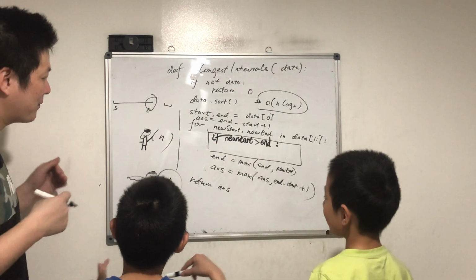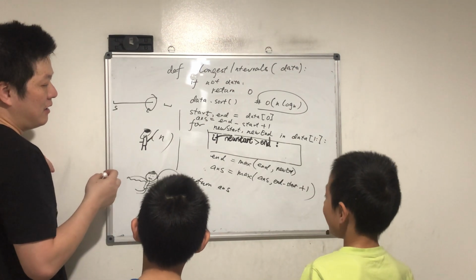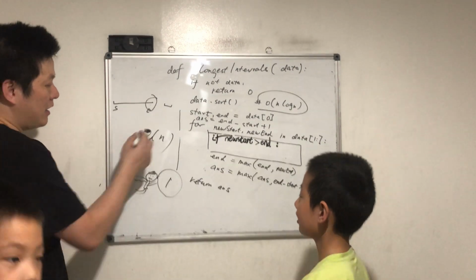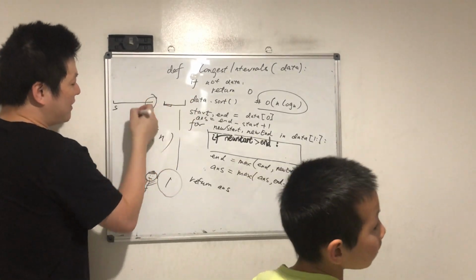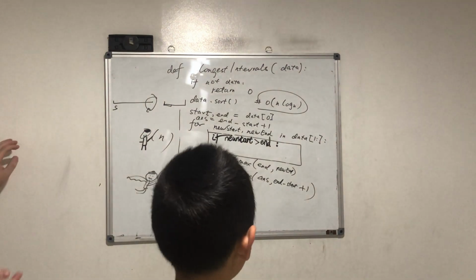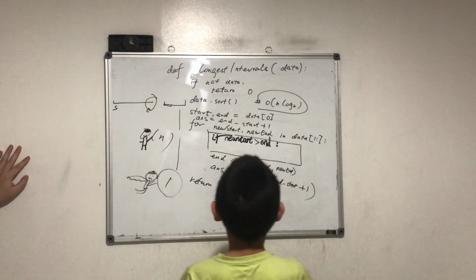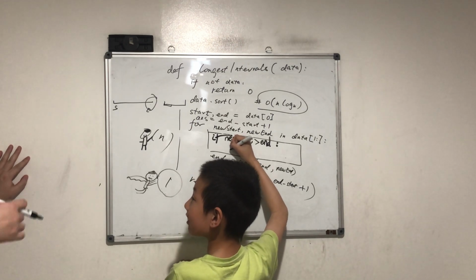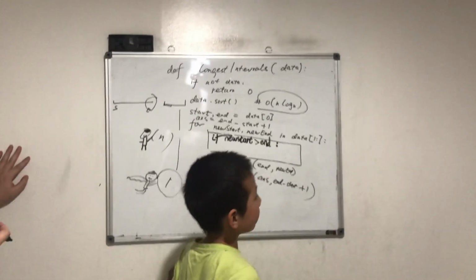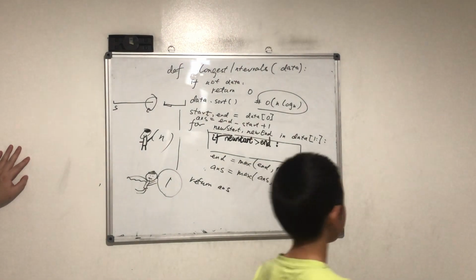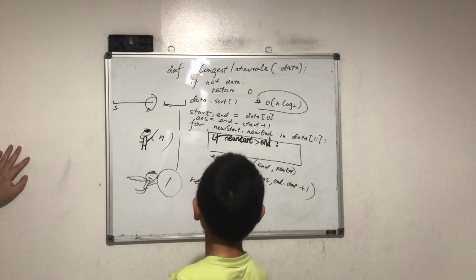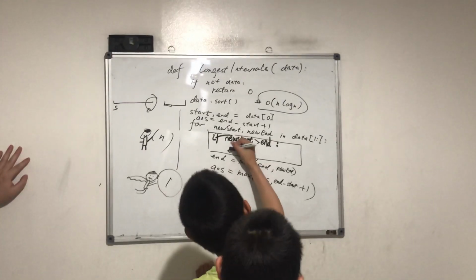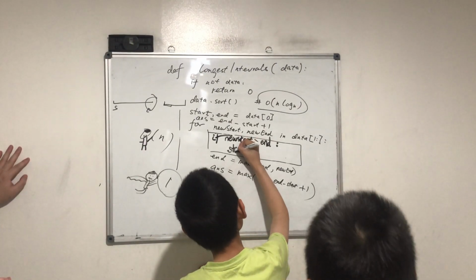The new start cannot be bigger than the new end. If the new start is bigger than end, we want to update the start. Start equals new start. And we're done.